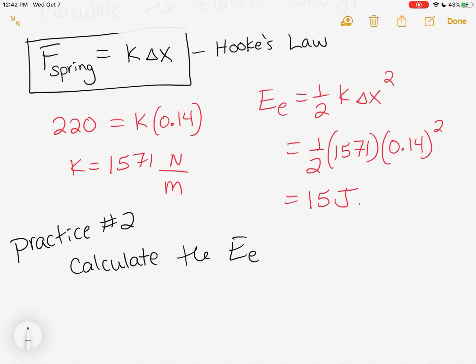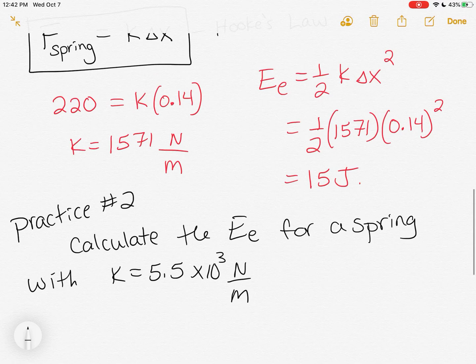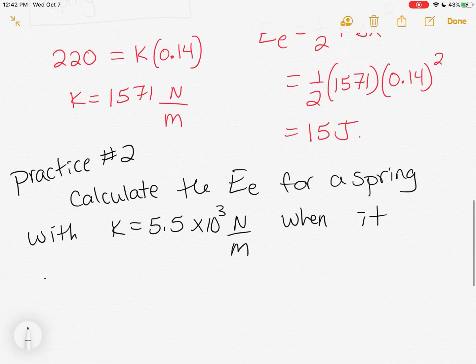In this one, calculate the elastic energy for a spring with a spring constant of 5.5 times 10 to the 3 newtons per meter.